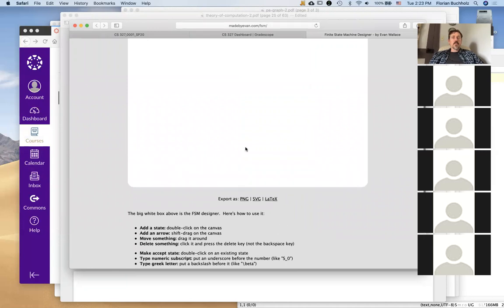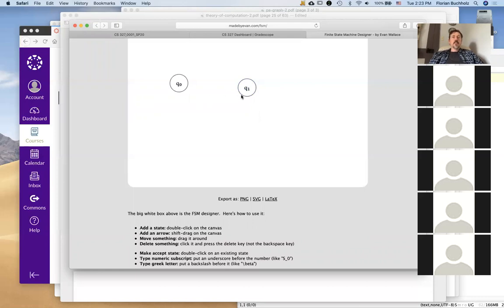If you just double click like that, then we now have a state, and I can enter its name. So I can say Q. If I use the underscore symbol now, and then hit a number, it'll automatically subscript it. So this will be Q0, and then I can double click again and say this is Q1, for example.